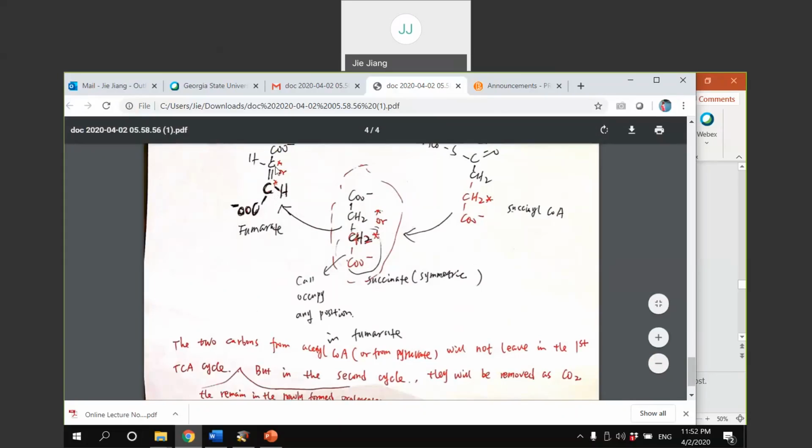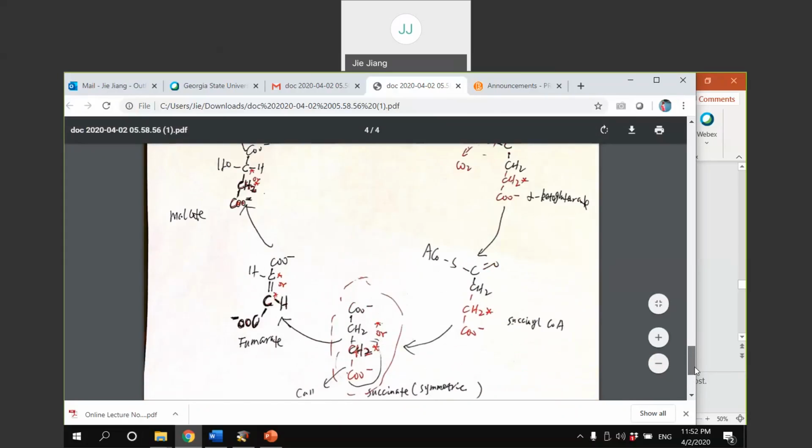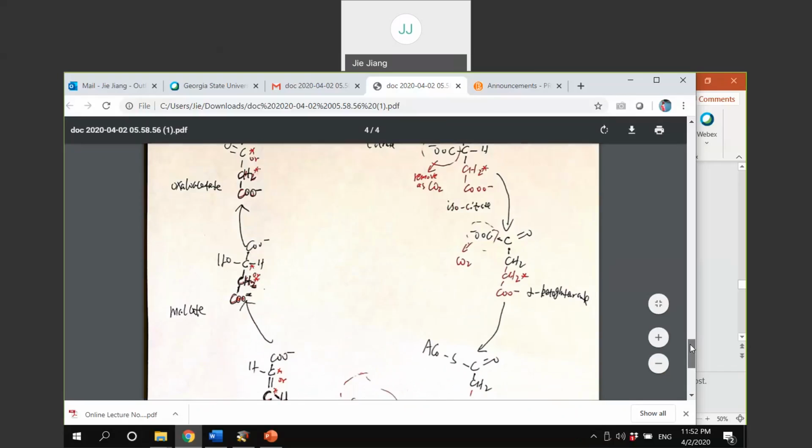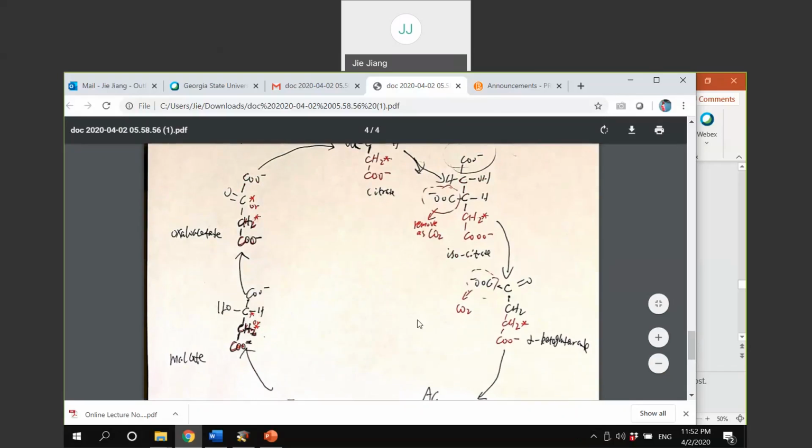I don't know, maybe half and half, right? Same thing when you have malate: these two can both be labeled, this carbon or this carbon. So even when you form oxaloacetate, you still don't know whether it is this carbon or this carbon.